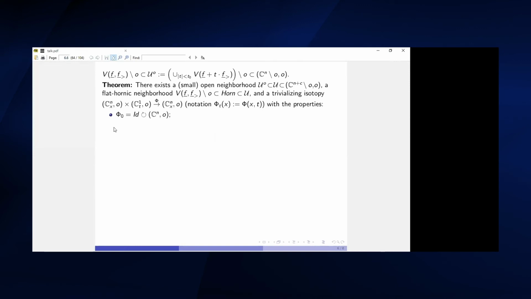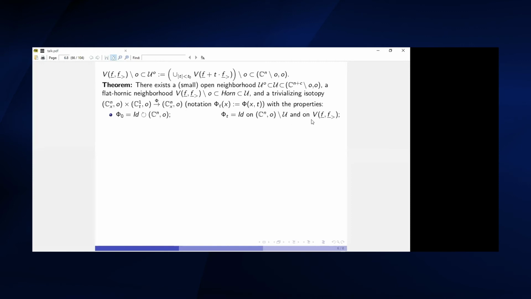So first of all, at time 0, this phi0 is the identity. It does nothing, because for t equal to 0, you don't need to perturb anything. Moreover, for any t, this phi t is the identity outside of this U. And remember that U is very close to the total space of the family, so basically we do not perturb anything far from the family.